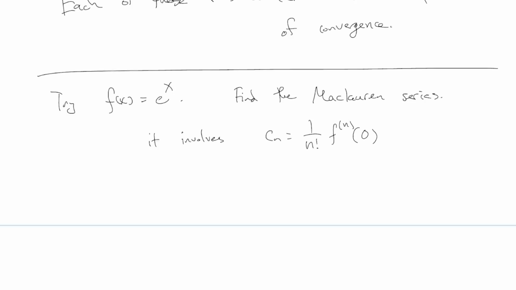And for most functions, the hard part really is doing this nth derivative over and over again. It's a pain to just take the derivative again and again and again for many functions. Although, maybe you can see where this is going. That is not such a pain for e to the x. That's the great thing about e to the x, is that it's easy to take the derivatives over and over again. So I need to do the derivatives.